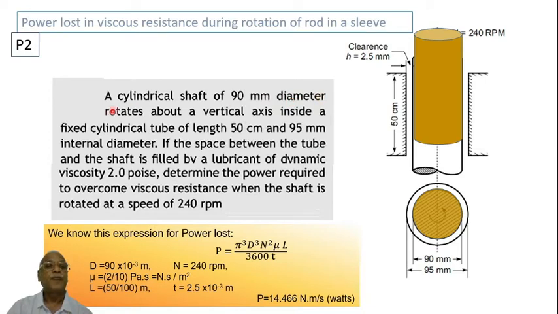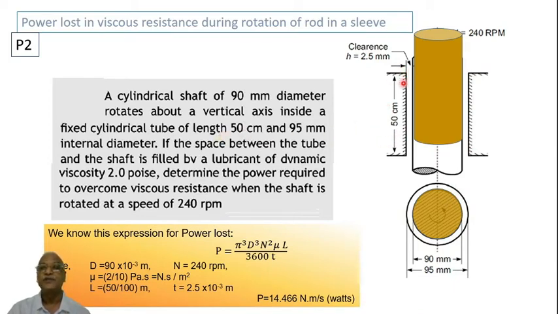The 90 mm diameter shaft rotates about a vertical axis inside a fixed cylindrical tube of length 50 centimeter. Here the tube is shown and there is a gap here. When you cut a section, you see this edge of the tube, and the length of the tube is given as 50 centimeters.